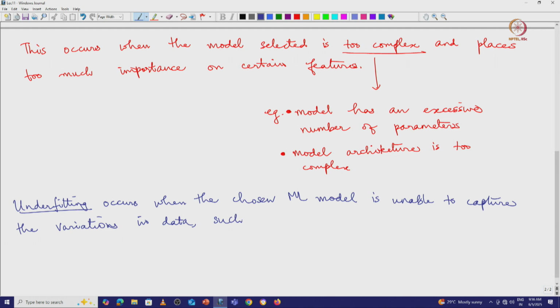Such that it performs poorly on even the training set. Okay.